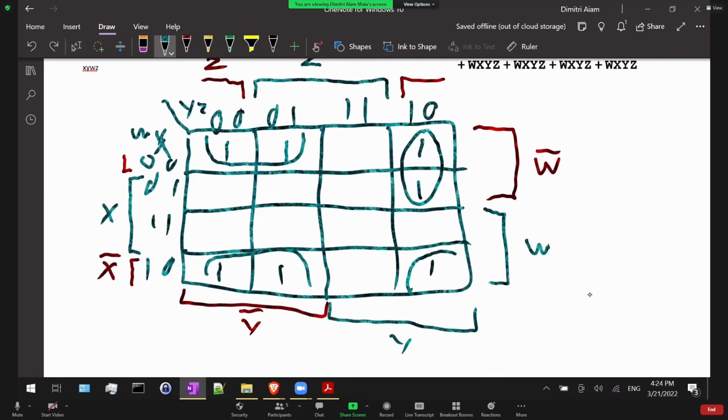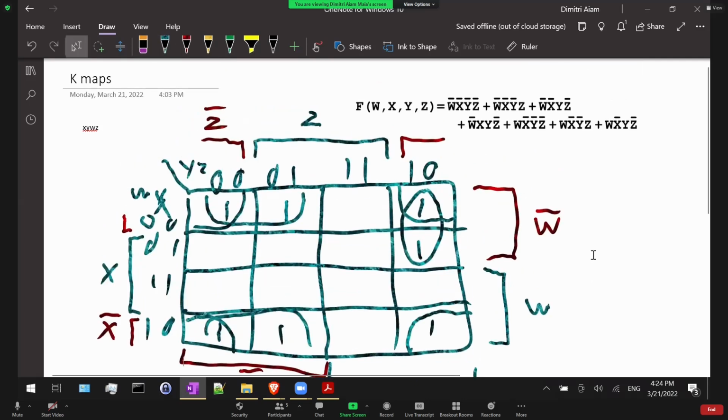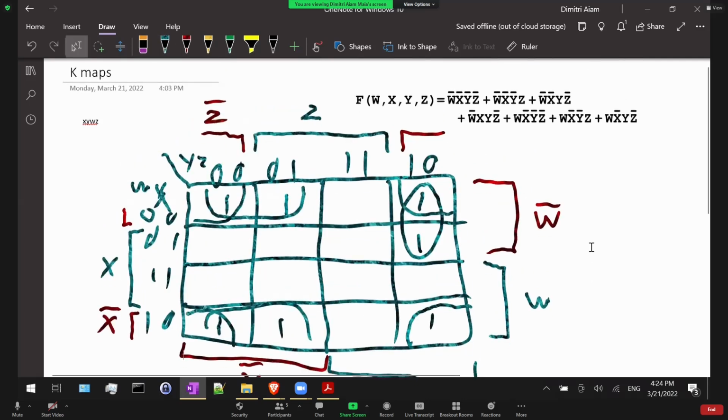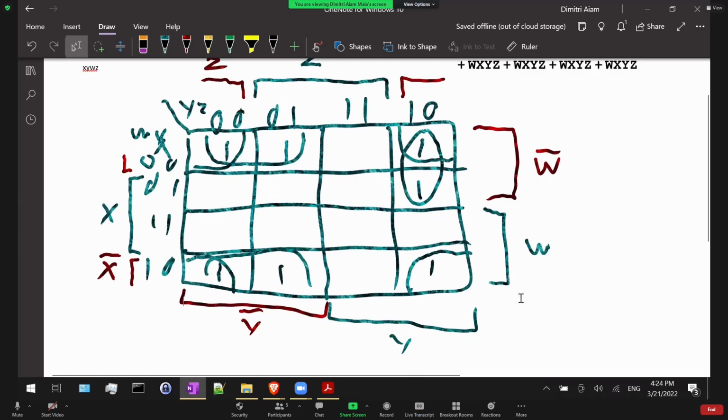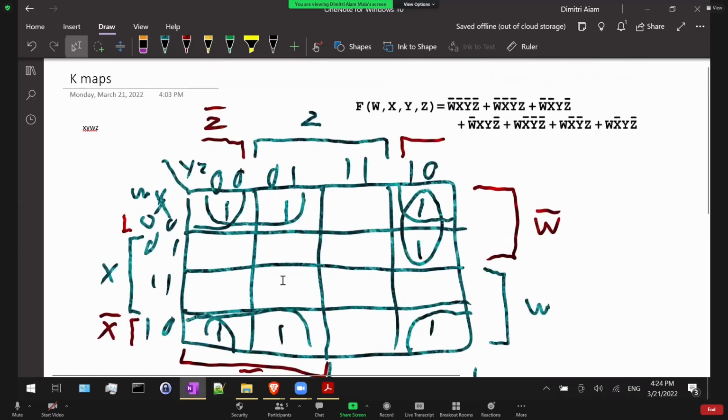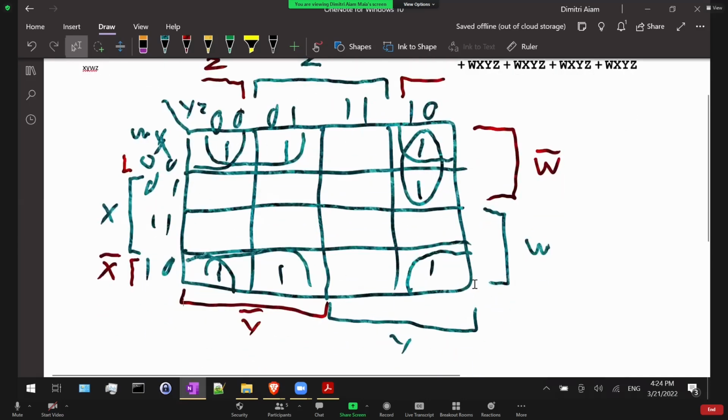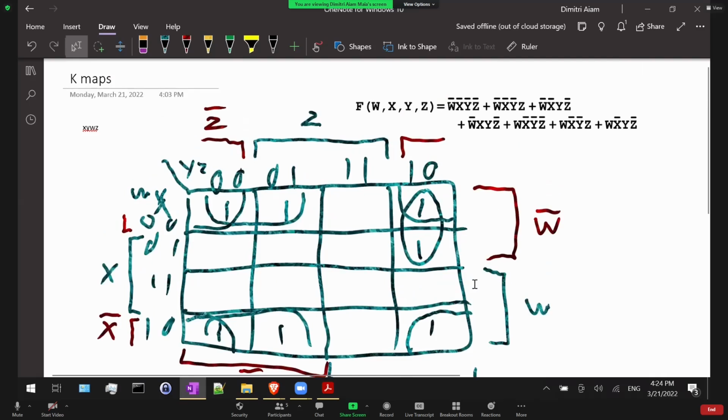We're making the group look like this. Do you see that? Oh yeah, I see that. That's one group as well. So those are the possible groups you can do with this map. Do you see that? Mm-hmm.